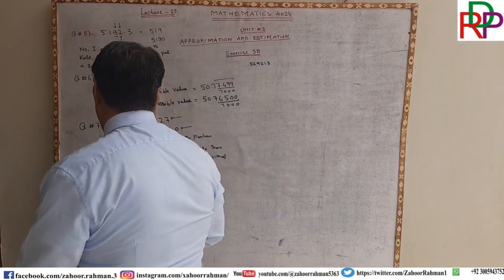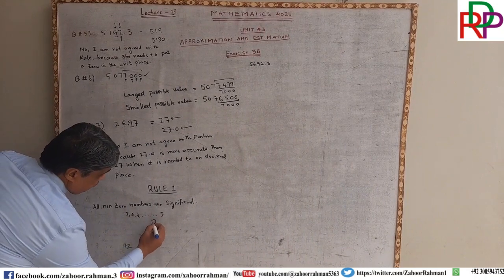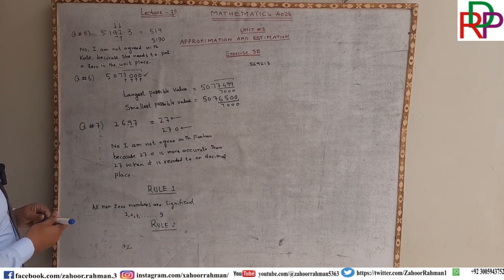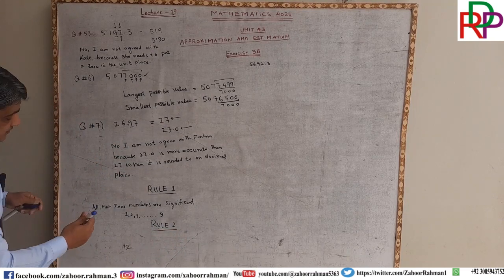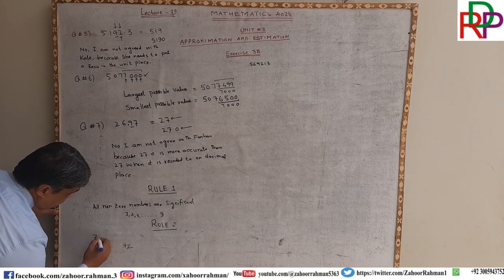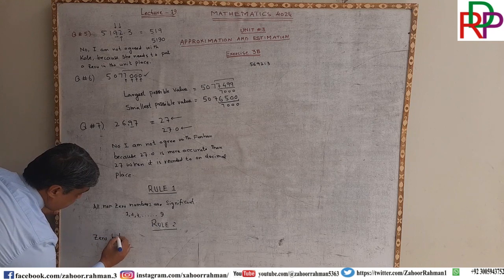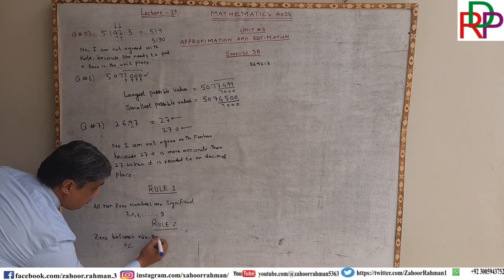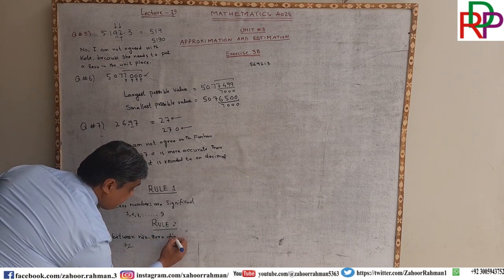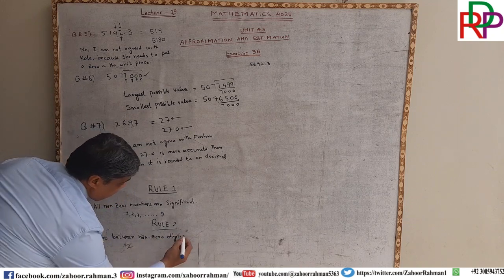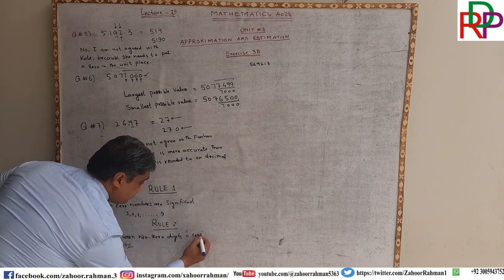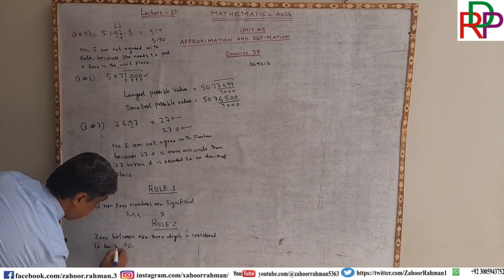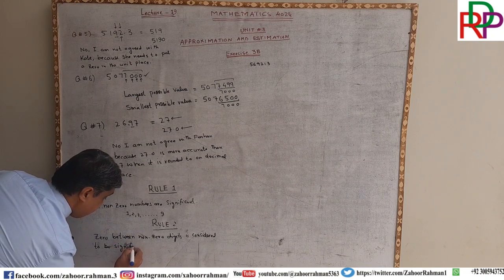Decimal figure. Now rule number 2. Rule number 2 is saying, what about the 0? A 0 between non-zero digits is considered to be significant.